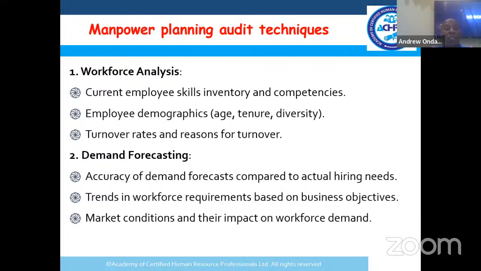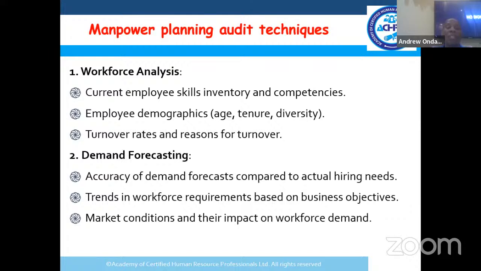Based on those turnover rates over the 5 years, you are able to pick a trend, and from this trend, you can forecast the possible numbers of people you are likely to have in the future. Exit interviews will give us the reasons for turnover, and from these interviews and the reasons they have given, we are able to put in place corrective measures. So workforce analysis involves those three key aspects.